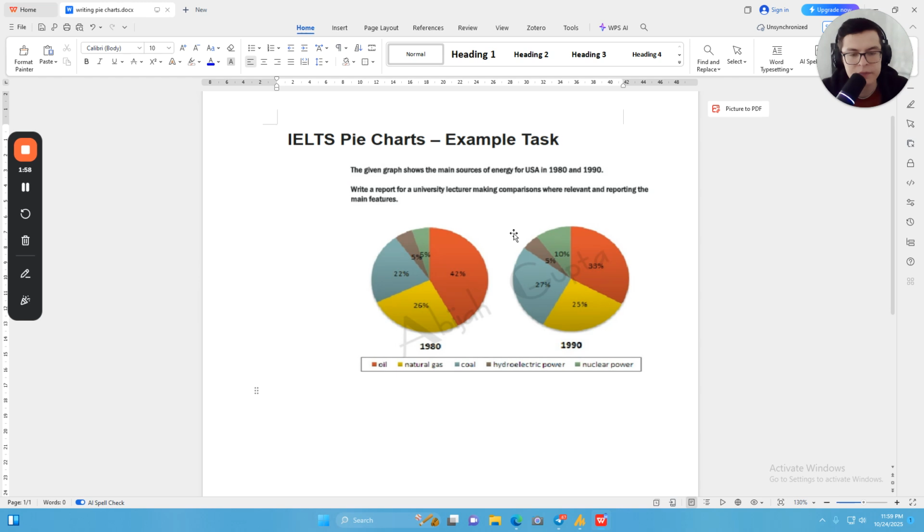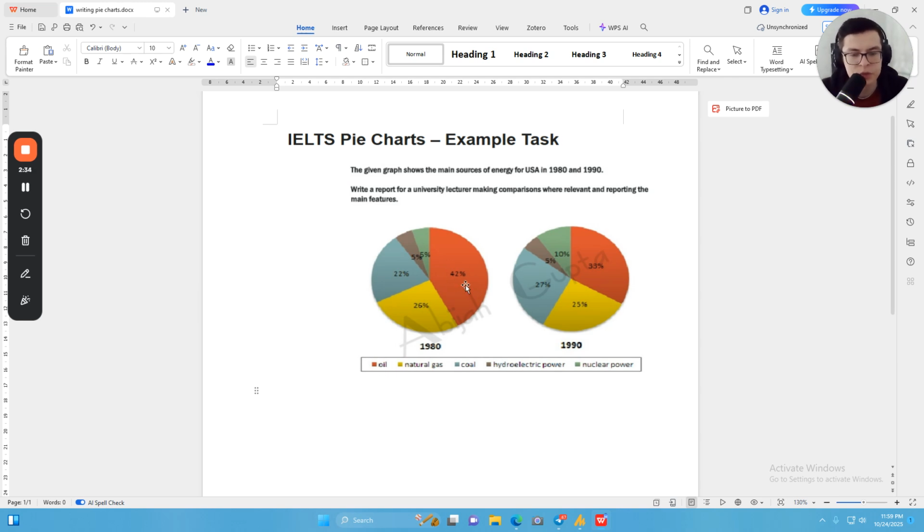So, and then after making a quick analysis, after learning what happened throughout the period, you have to collectively categorize the similar data sets in order to make comparisons or contrasts. For example, as you can see here in the first pie chart, it is totally tangible that the main source of energy came from oil, maybe crude oil.